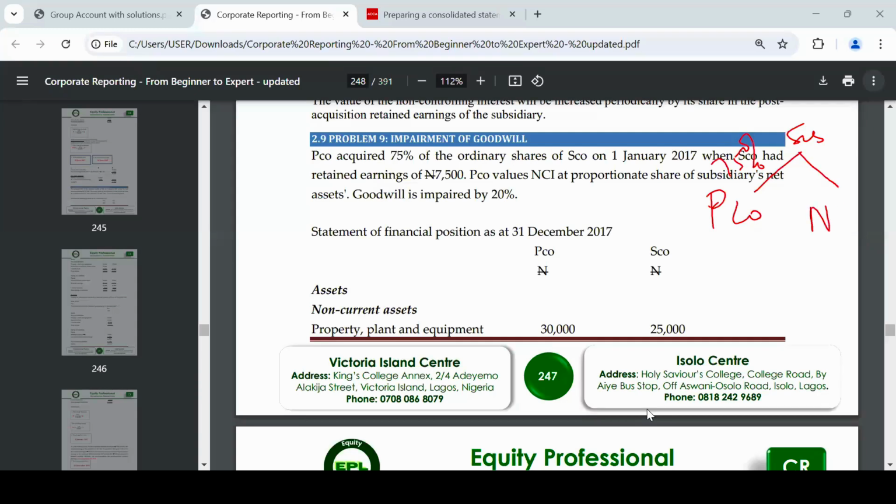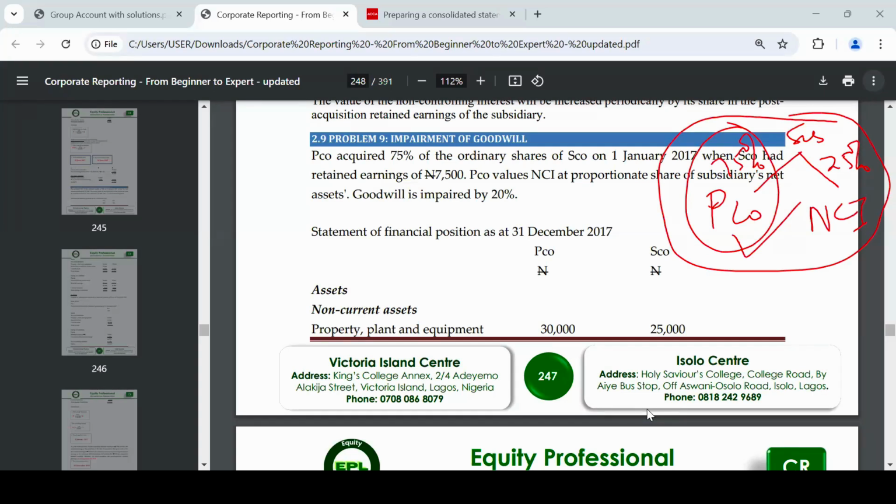Therefore, NCI owns the remaining 25%. If this is the case, PICO definitely is in control, right? They have control. Therefore, PICO has the responsibility to consolidate the affairs of the entire group.